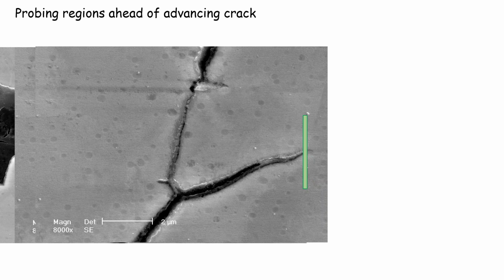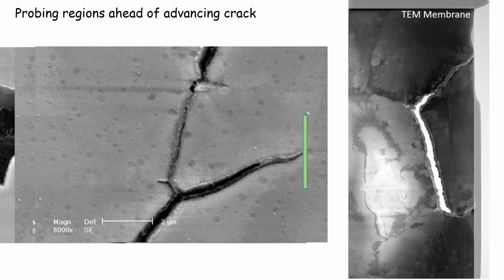What you see here in this picture is some of the open cracks, and right at the crack tip, the oxides have not fallen out; they're still embedded in it. If you can somehow get ahead of the crack and prepare a TEM foil, and see what the changes in compositional instability are because of the oxygen reaction, we could probably get some idea about why and which elements are actually suffering the most.